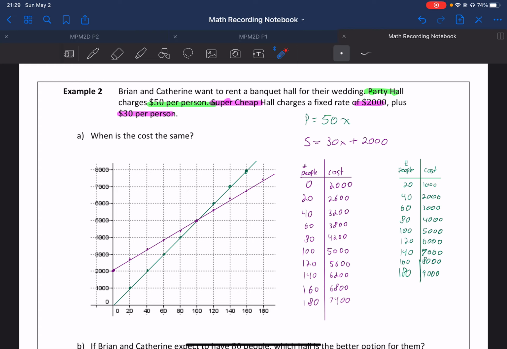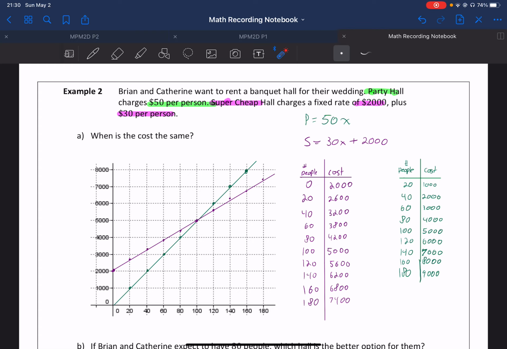Now, Super Cheap Hall charges a fixed rate of $2,000, that's your starting price, plus $30 per person afterwards. So we have $30 per person, that comes from here. This is Super Cheap, plus that initial value of 2,000.